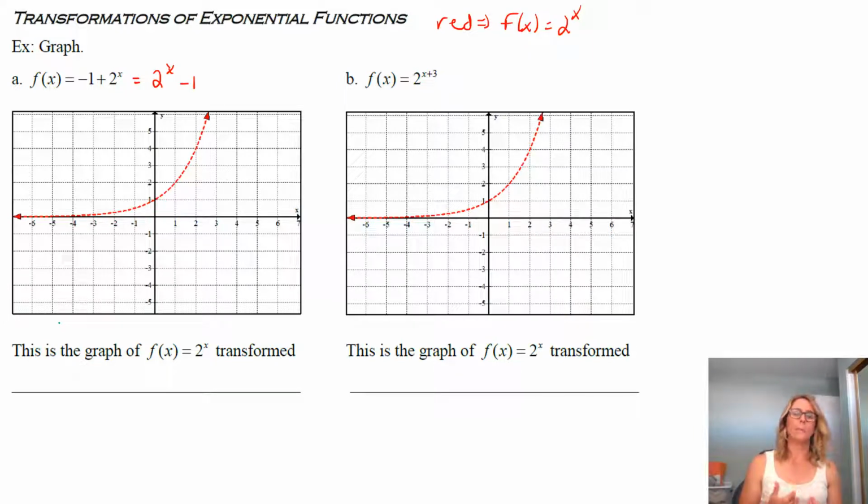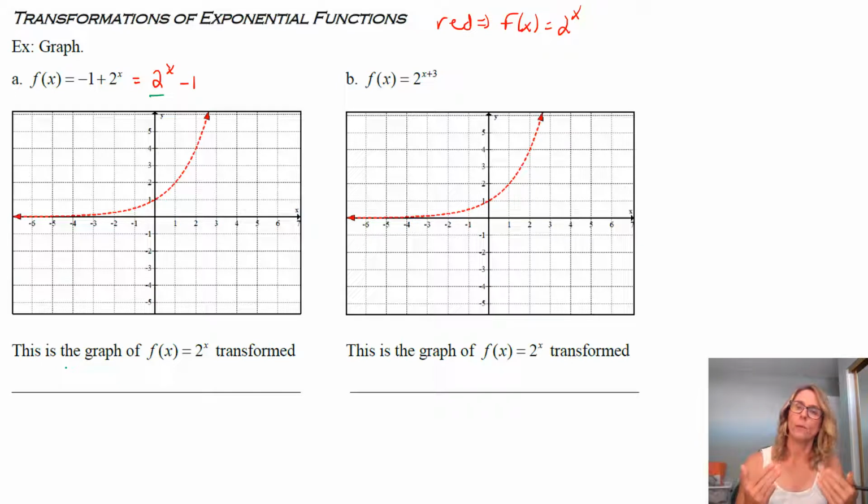So we want to remember from when we did this before that we have our parent function. The parent function is 2 to the x. So we know what that does. And then we just have minus 1. Just like when we did f of x equals x squared minus 1, it's the same transformation. That's what we want to start seeing here: these patterns.